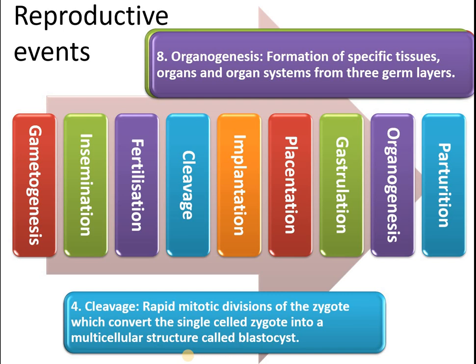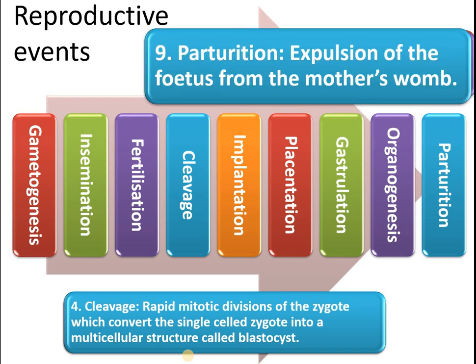Organogenesis. We can say the formation of organs. Genesis means production, so production of organs. Here, formation of specific tissues, organs, and organ systems from the three germ layers is called organogenesis. Parturition. Expulsion of fetus from the mother's womb is called parturition.